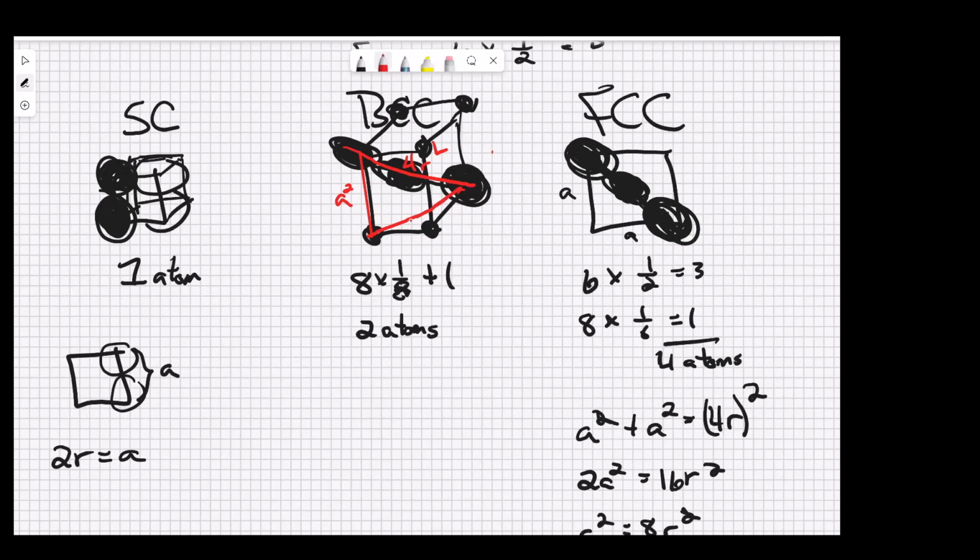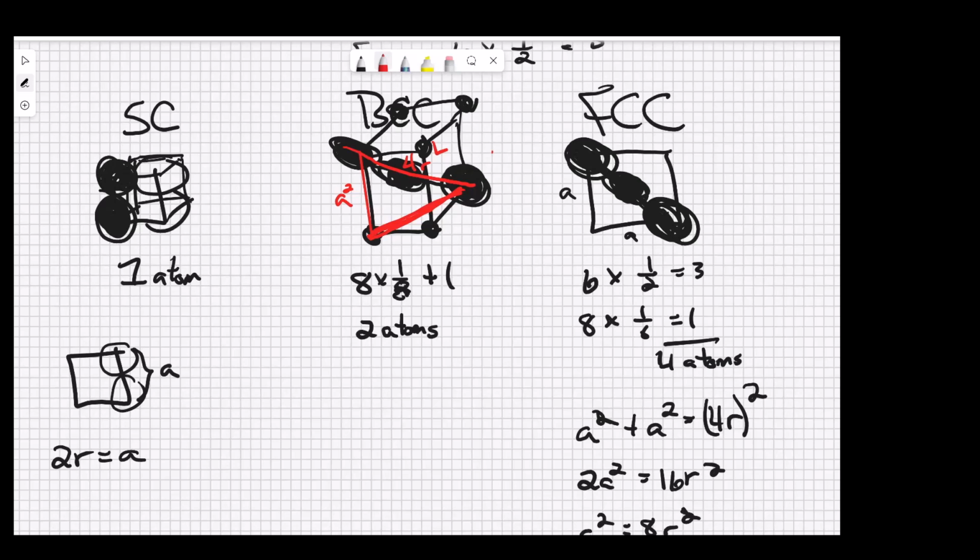And what is this face diagonal right here? You're the math person. Well, isn't it a squared plus a squared equal to that thing squared? Isn't that the Pythagorean theorem that we just did for the face?